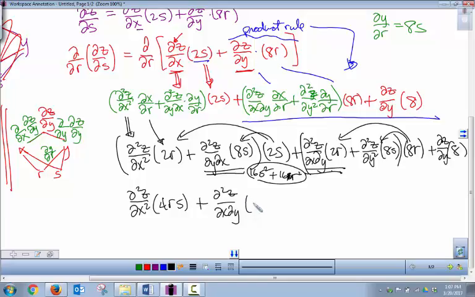So it'll be 16s squared plus 16r squared. And then this term over here is the d squared z dy squared, and this is a 16sr. And then this one didn't get combined with anything because it's still a dz dy times 8. Which one? 16. Oh, 64.